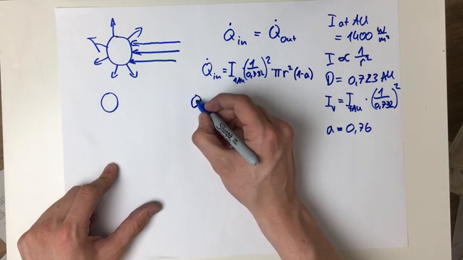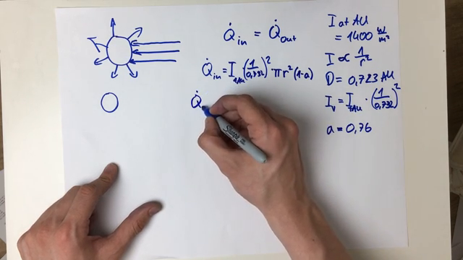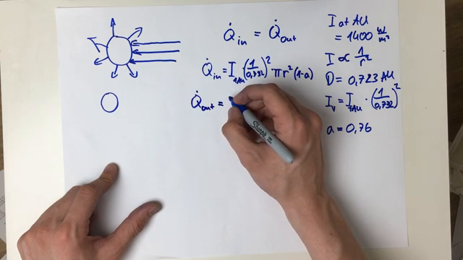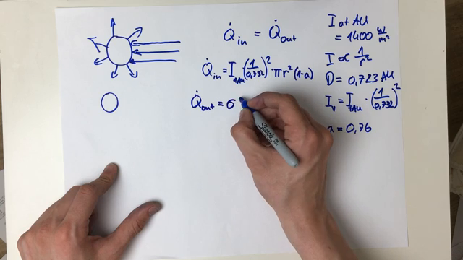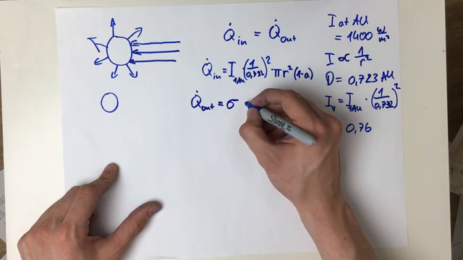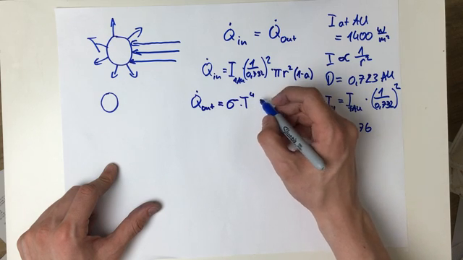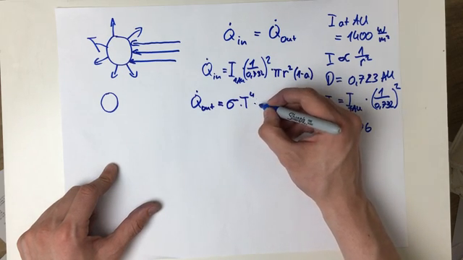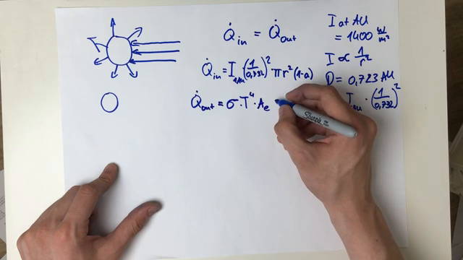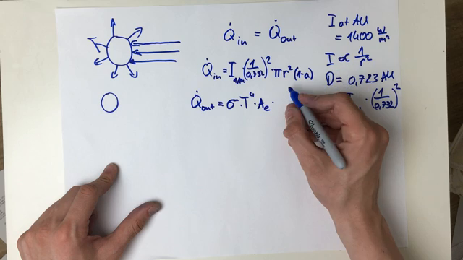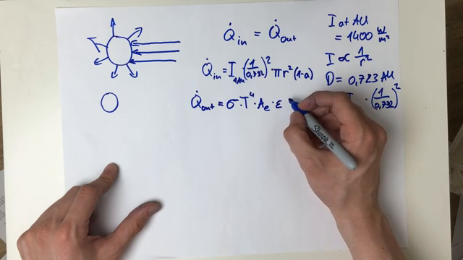The energy rate output is given by the equation sigma, which is the Stefan-Boltzmann constant, times T to the 4th power, that's the temperature of Venus, which we want to know, times the area that Venus is emitting, and times the emissivity.